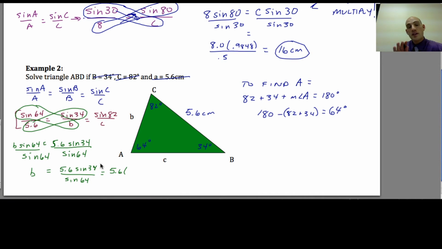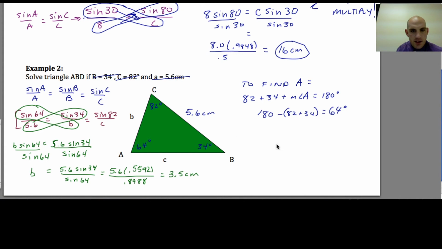Remember, you need to have your calculator in degree mode because we're dealing with degrees here. So that's 5.6 times 0.5592 over the sine of 64, which is 0.8988. When I do this calculation, I get that B is 3.5 centimeters.